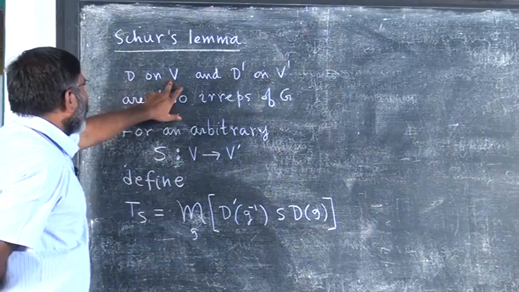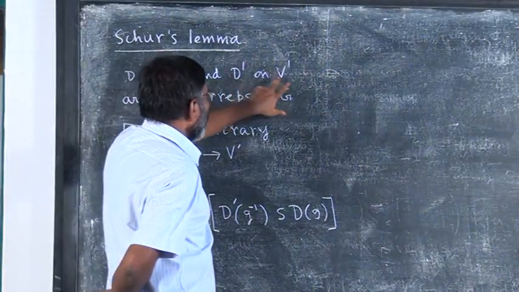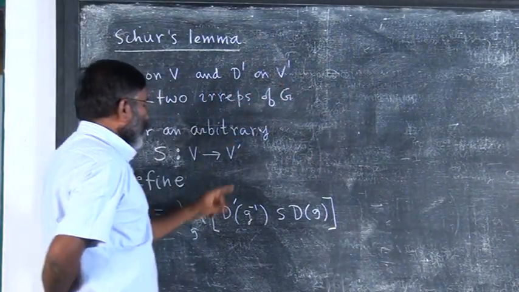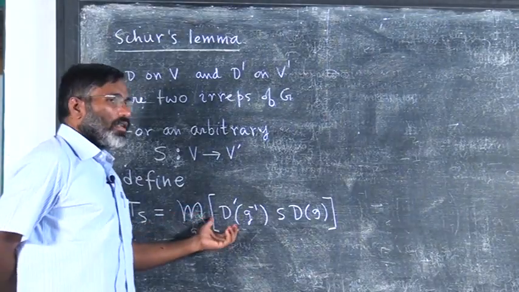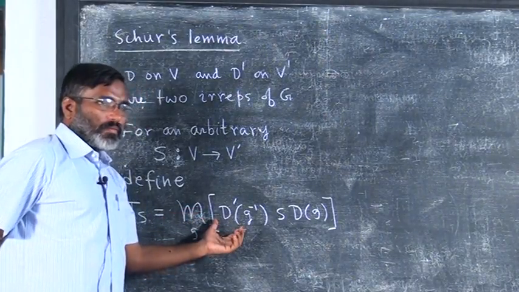D is an irreducible representation, D prime is an irreducible representation. So I am going to construct a map like this.